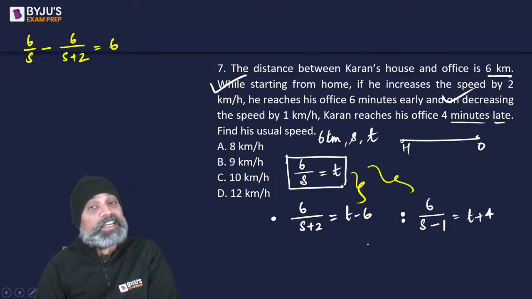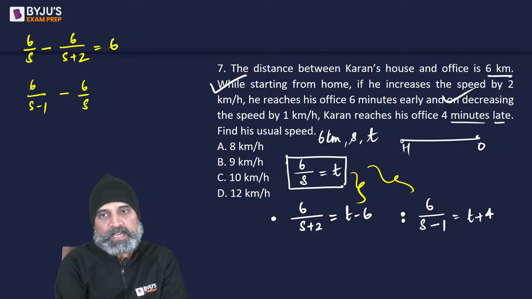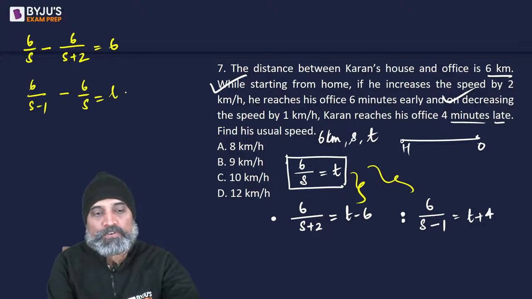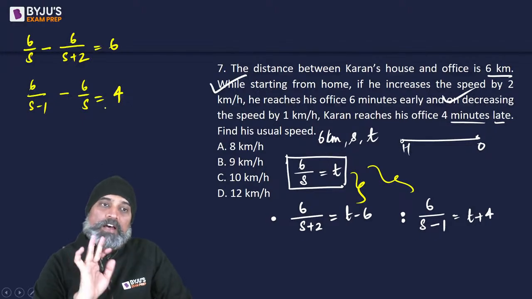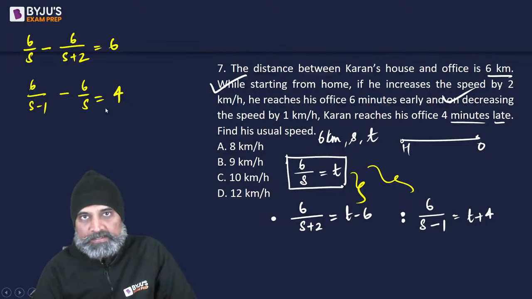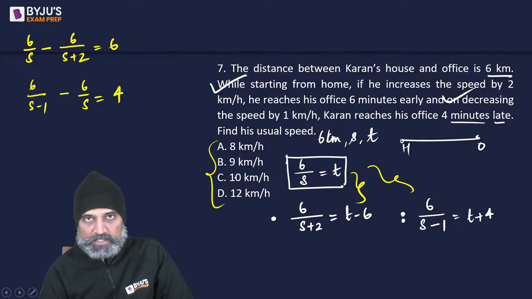Similarly, we will take the first and the next. It will be 6 by S minus 1 minus 6 by S is equal to 4, since T plus 4 minus T will result in 4. Now here there is only one variable, which is S, right? And this is exactly what is asked in the options.